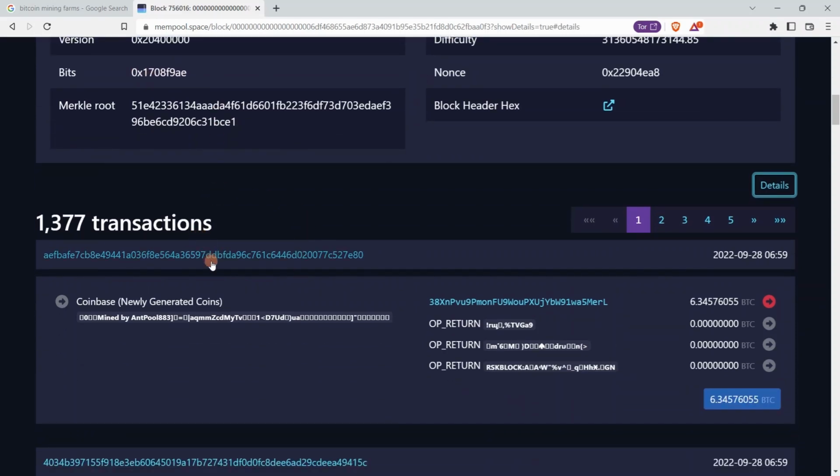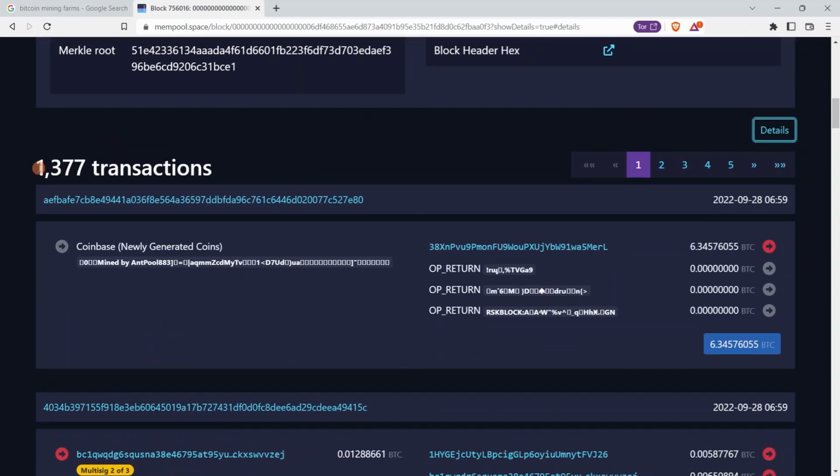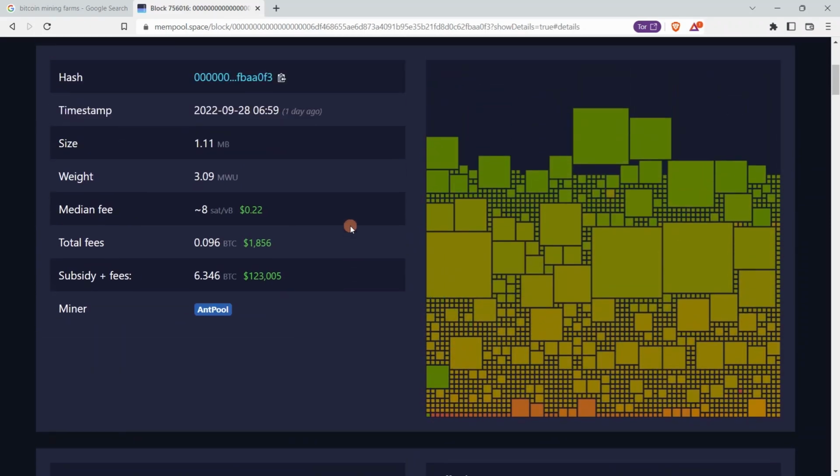And down here, you have all the transactions that were included in that block. You can see that in that block, we had almost 1,400 transactions. You can see that there's a total fee because a transaction also always has a fee. So Bitcoin miners will almost never process a transaction without fees because mining Bitcoin is energy intensive.